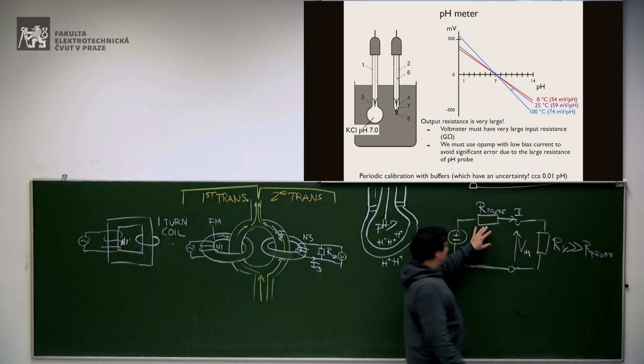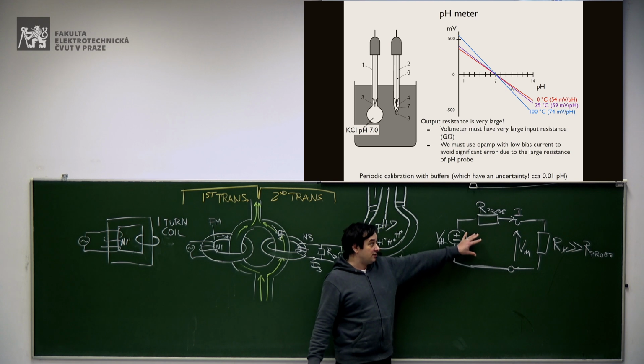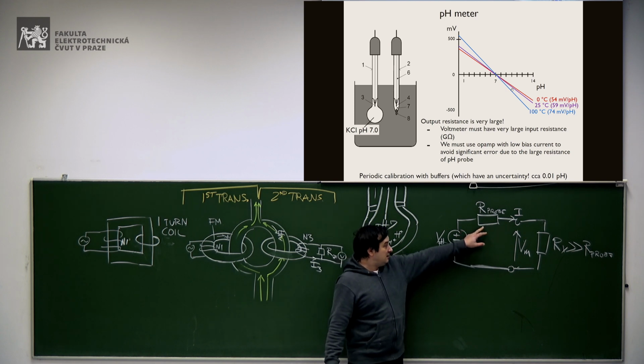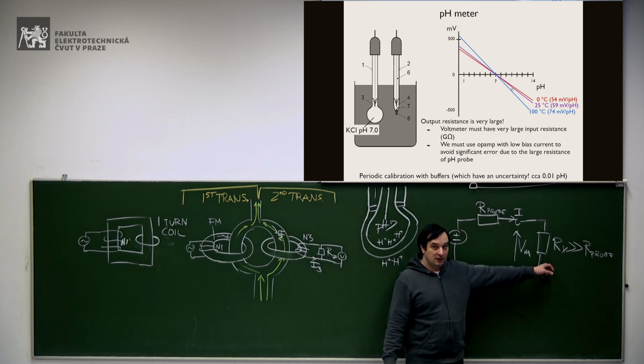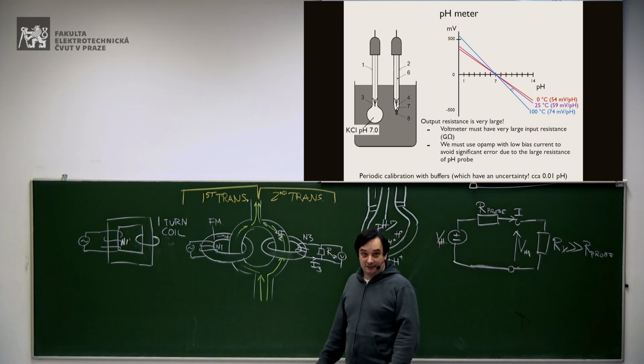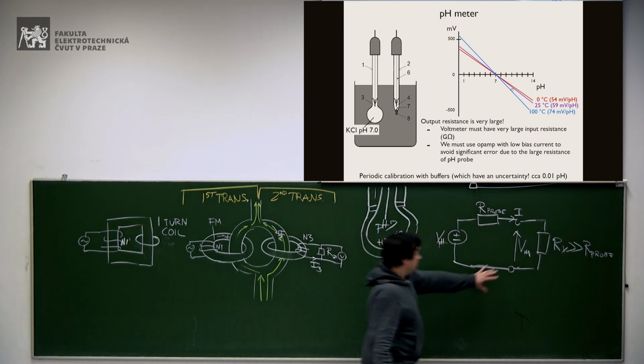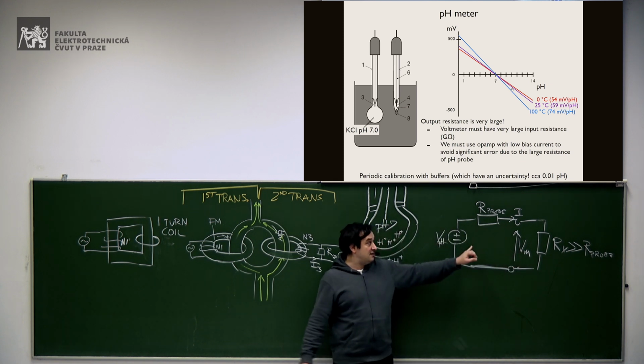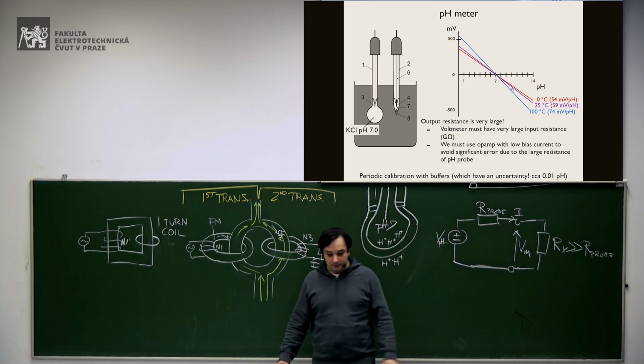Which can be in the orders of tens of mega ohms. So if this is tens of mega ohms, this should go in the orders of giga ohms, okay? Using mega ohms here for this voltmeter is not enough, okay? So you have to use giga ohms because this resistance is bloody high.